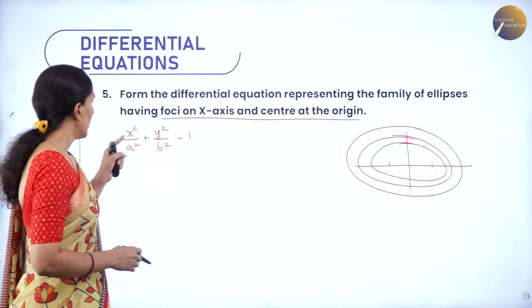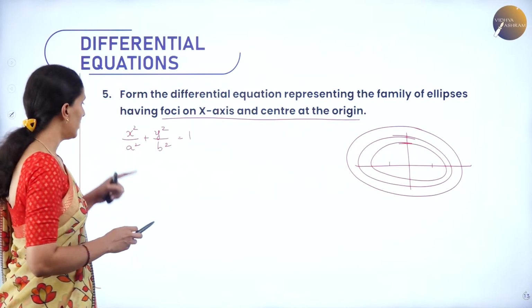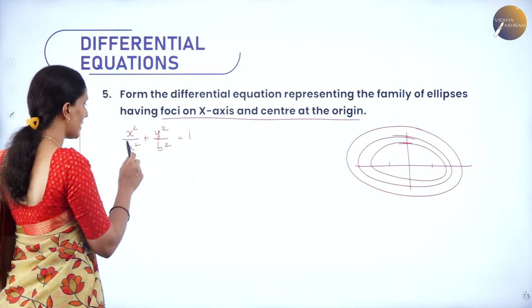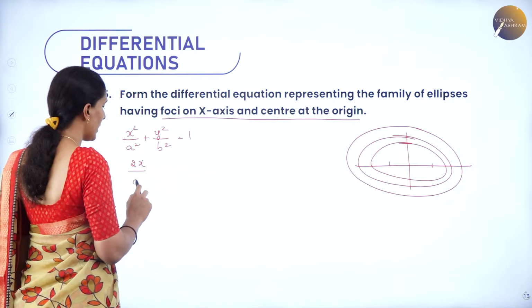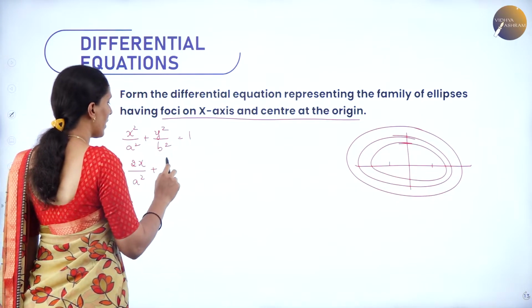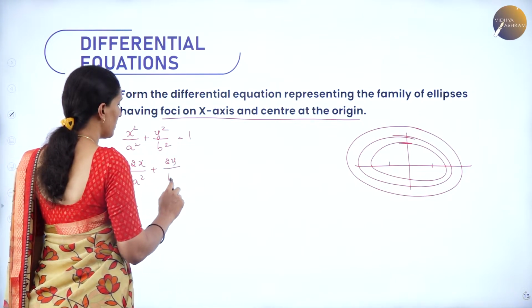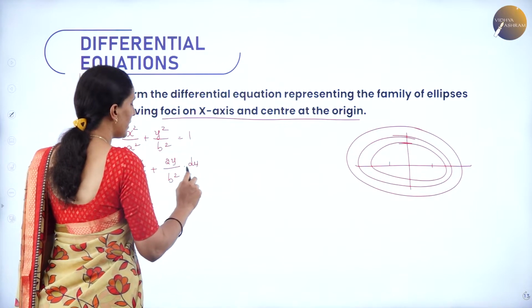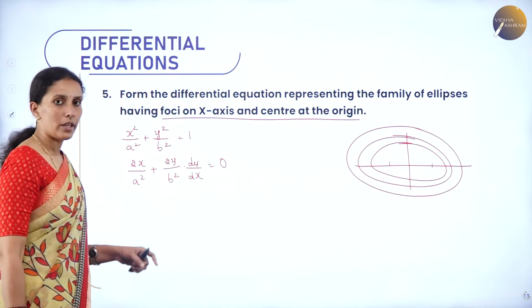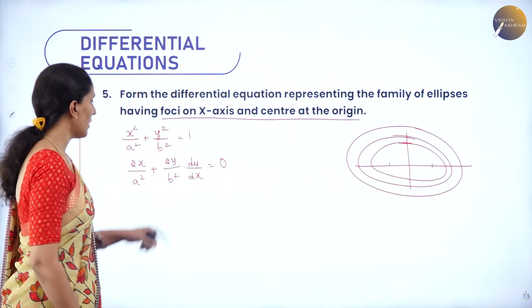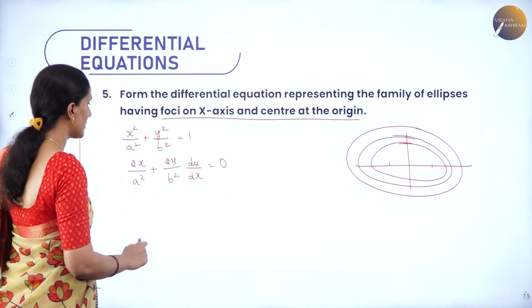So here let us differentiate it. So 1 by a square is constant and derivative of x square is 2x, so it is 2x by a square. Next, y square can be written as 2y by b square into dy by dx is equal to 0. So therefore let's see what is dy by dx now.